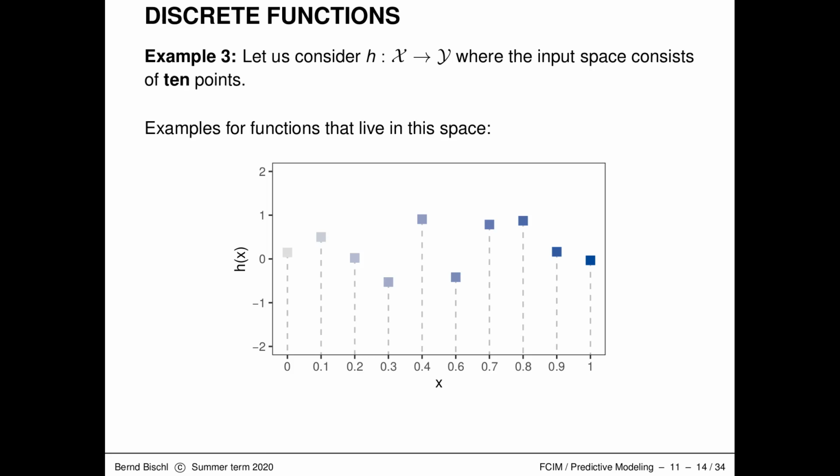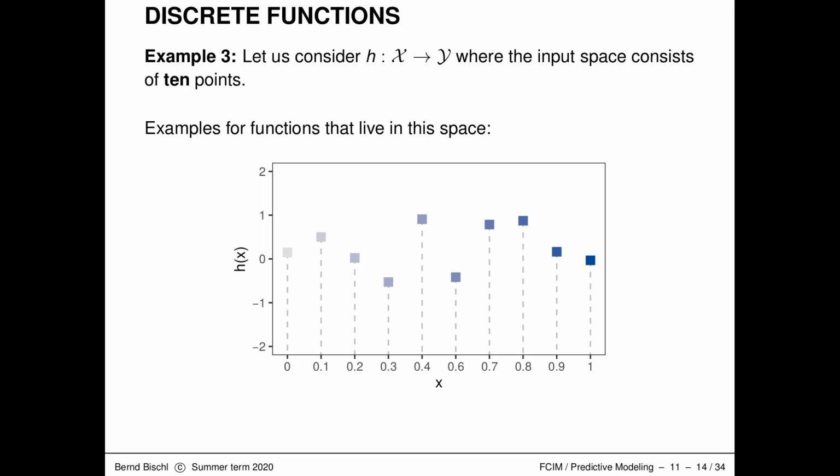We make this a limiting process where we use more and more fine-grained points on the x interval, and it seems appropriate to see this as an approximation of a function. This is exactly what we want to do to specify what a Gaussian process really is. But let's not do this for now.